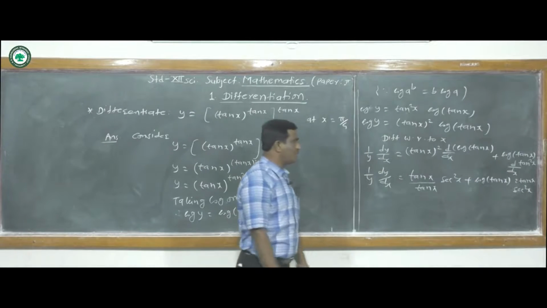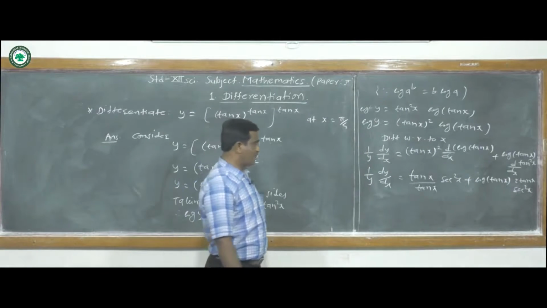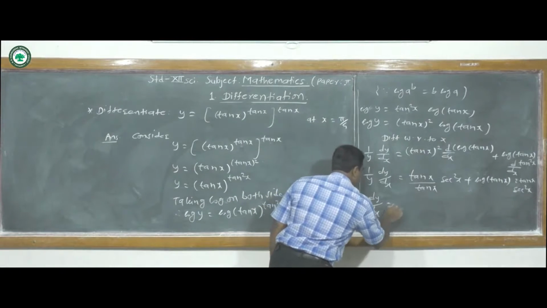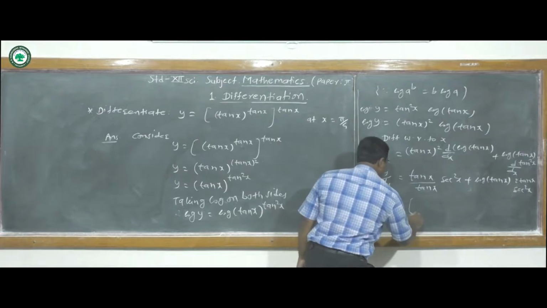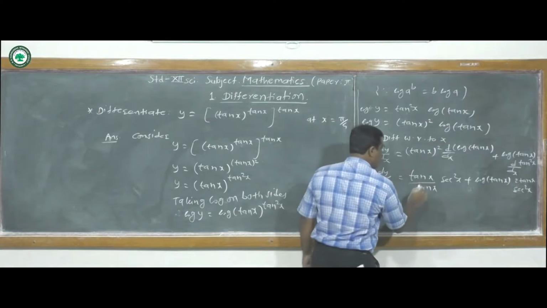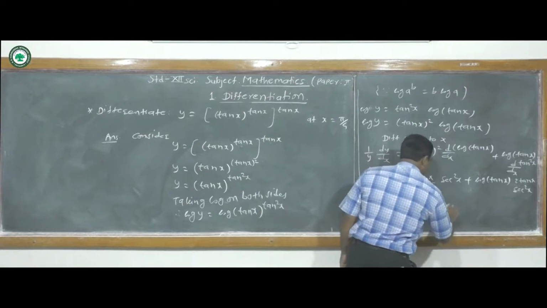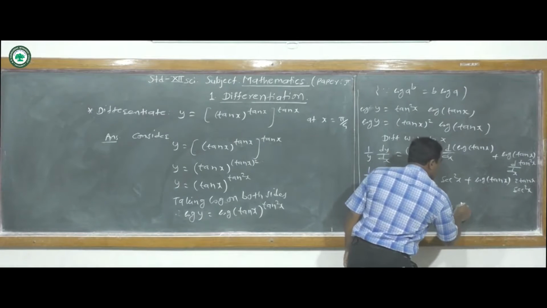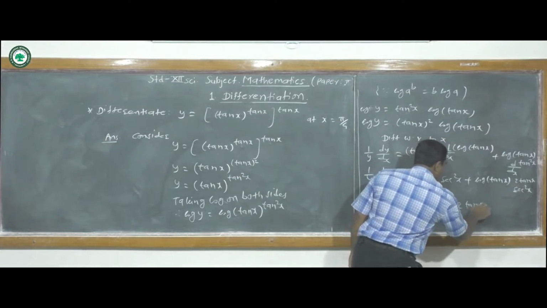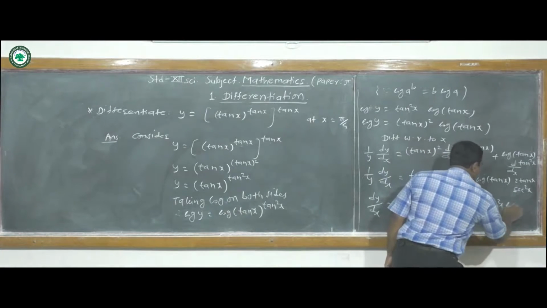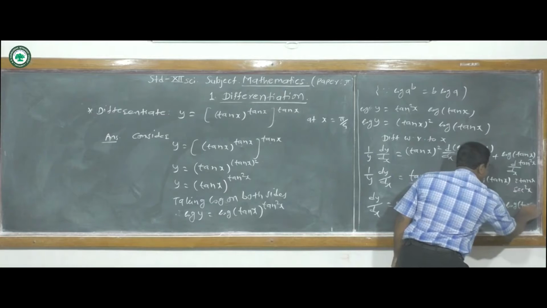2 tan x into derivative of tan x is sec square x, that is dy by dx equal to y into, in bracket, tan x upon tan x cancels out, remains only sec square x, plus 2 into tan x into sec square x into log of tan x.